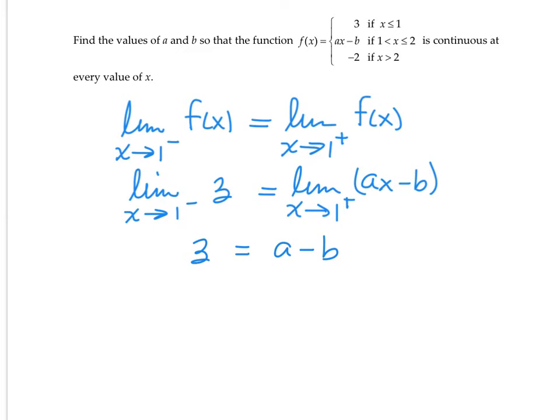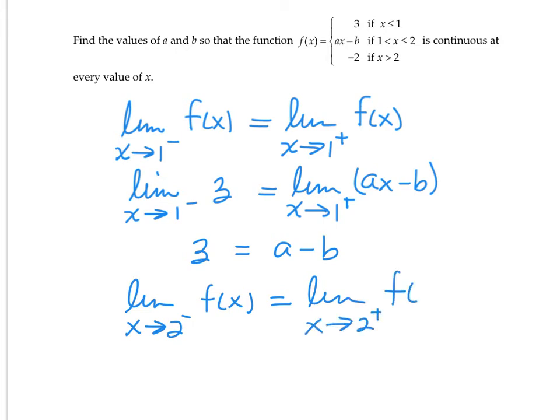The other thing that we need is for the function to be continuous at 2, which means that the limit as x approaches 2 from the left of this function has to equal the limit as x approaches 2 from the right of the function. As x approaches 2 from the left, we're in this interval here, and the function value is ax minus b.